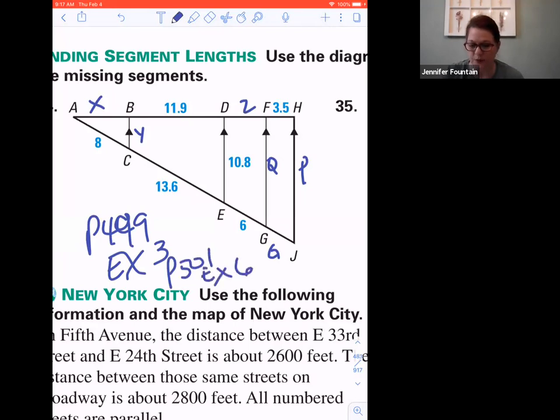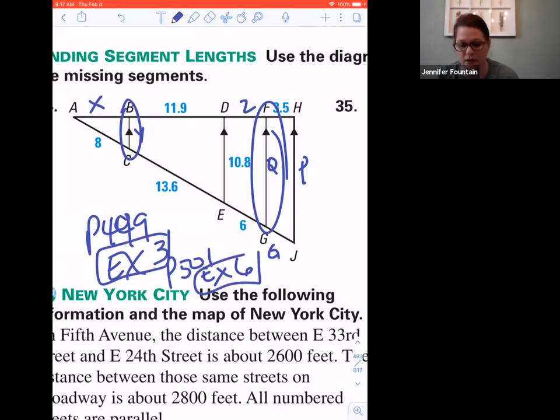Example 6 will help you find the measures of your parallel lines. You'll actually have a couple of these examples put together in this one problem. Example 3 is going to help you find your side measures. Example 6 will help you find your parallels.